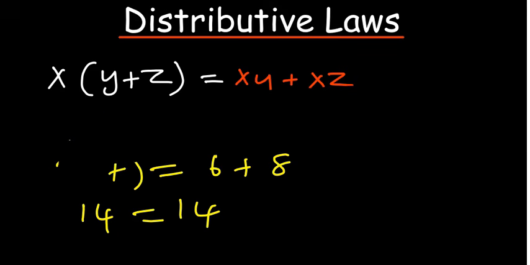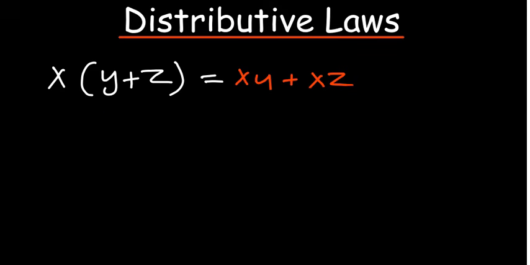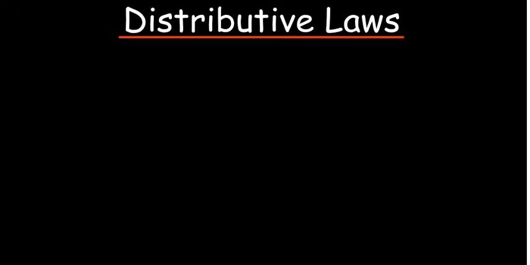Now we can apply this to set theory. The basic idea is, where we have the x there, there is multiplication. So you are multiplying x with y and then x with z. So we apply that now to set theory.